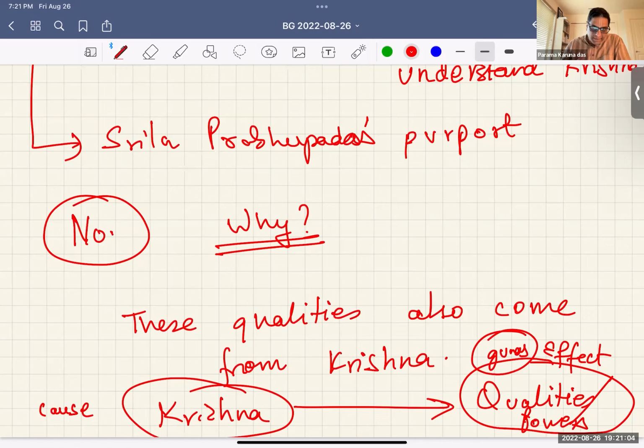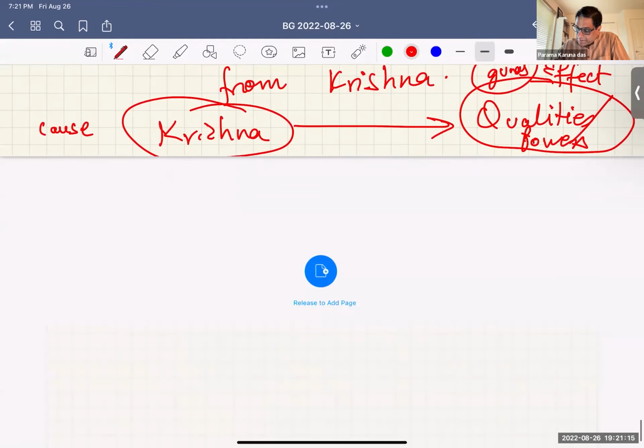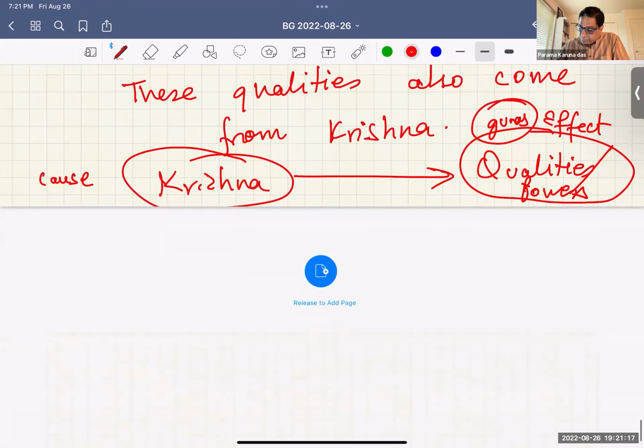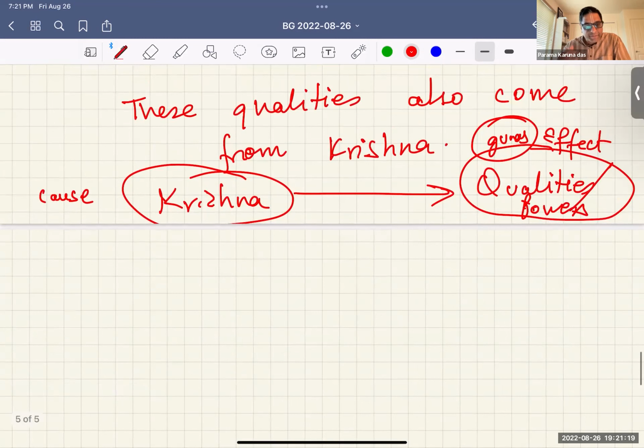So that's how the Sanskrit is organized, the language. Bhavanti bhava bhutanam mat evam prithak vidha. So since all these qualities also come from Krishna, therefore they are not sufficient to understand Krishna.